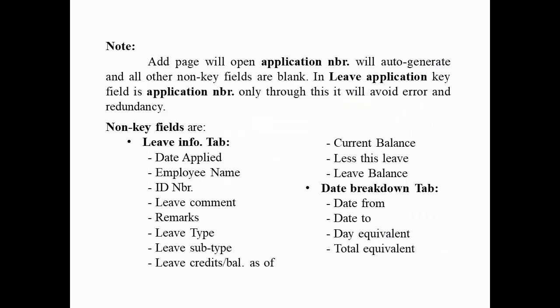Non-key fields are Leave Info tab, Date applied, Employee name, ID number, Leave comment, Remarks, Leave type, Leave subtype, Leave credits, Balance as of, Current balance, Less this leave, Leave balance, Date breakdown tab, Date from, Date to, Day equivalent, Total equivalent.